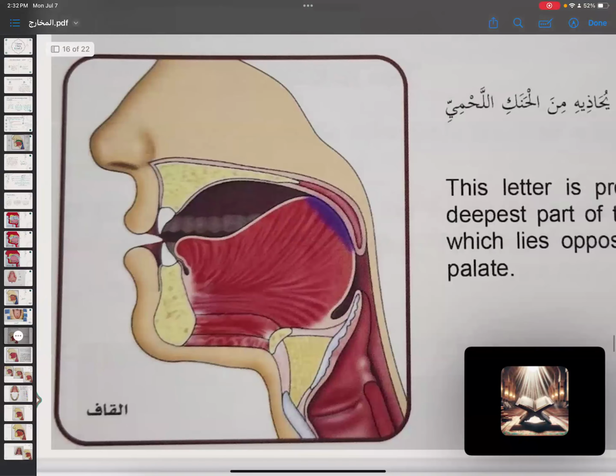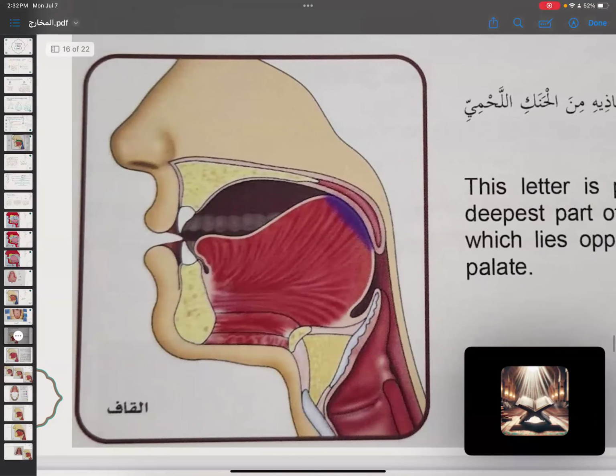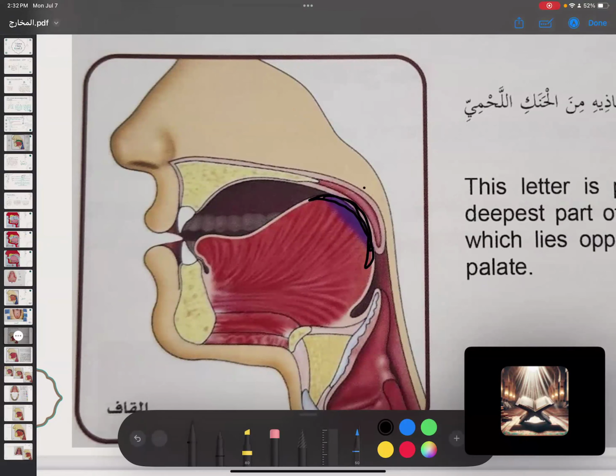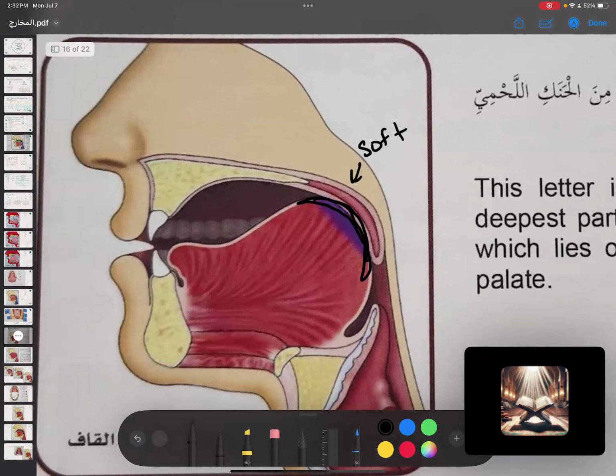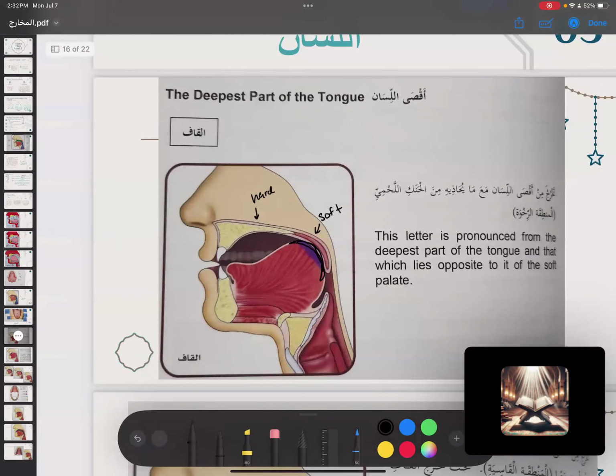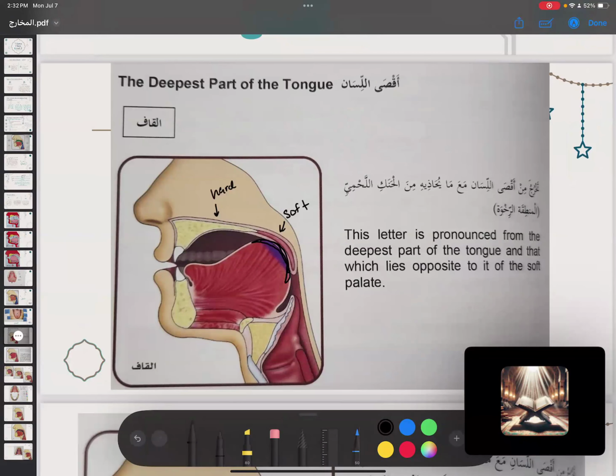You can see in this picture how the letter qaf is pronounced. The back of the tongue touches the soft palate at the top of the mouth. This is the soft part of the mouth, this is the hard part, and this is aqsa al-lisan. Aqsa al-lisan touches the soft part of the mouth.